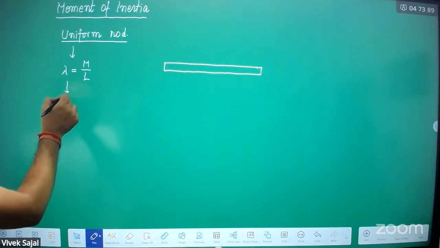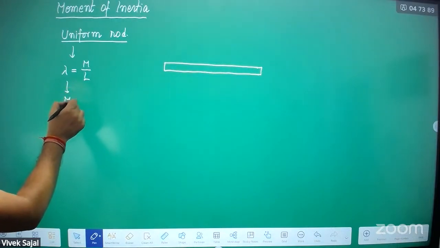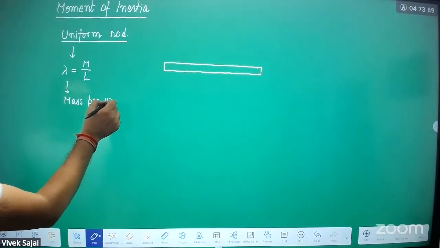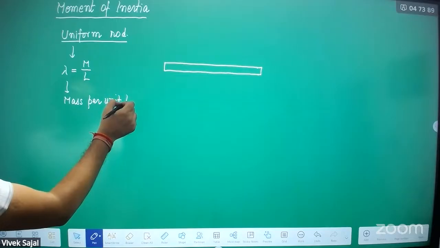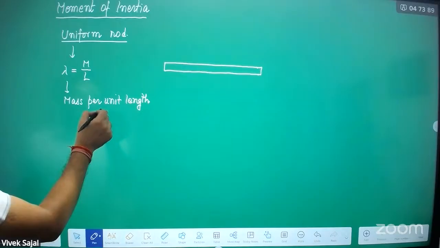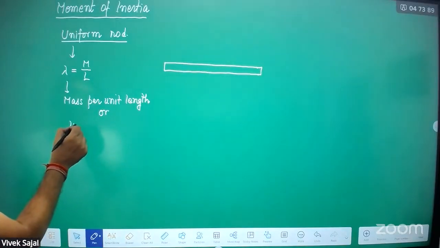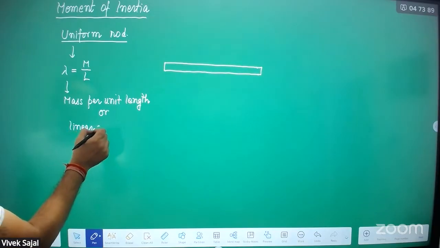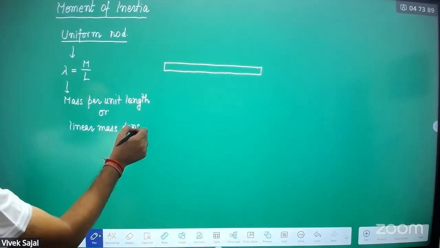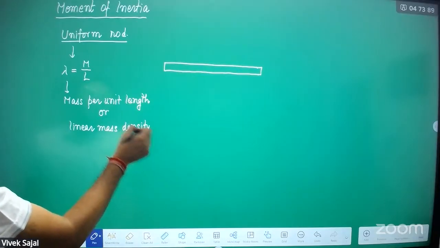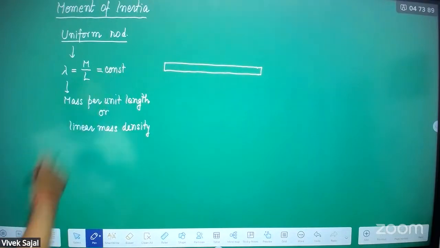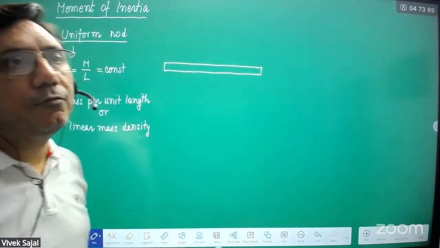You can call it mass per unit length or linear mass density. This is constant, so the mass distribution is uniform throughout the rod.